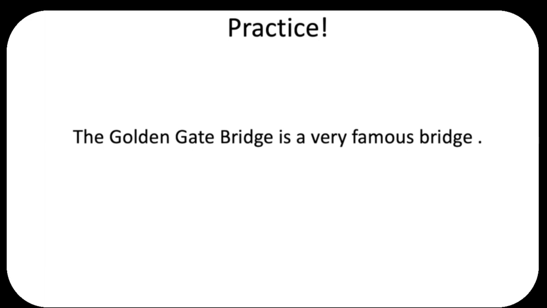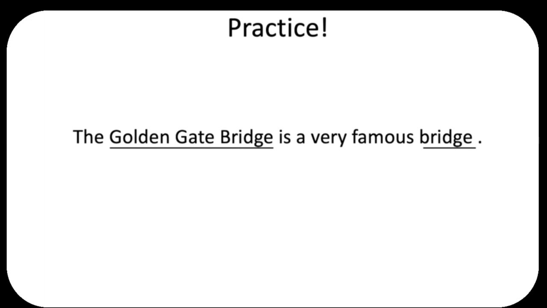The Golden Gate Bridge is a very famous bridge. In this sentence, we have 2 nouns. One proper noun, the Golden Gate Bridge, and we have one common and countable noun, bridge. Excellent job with these sentences.